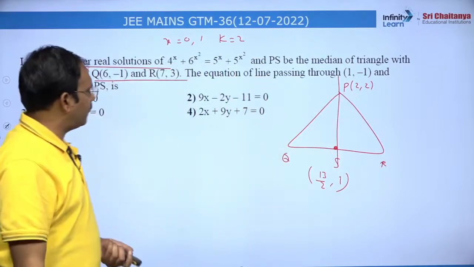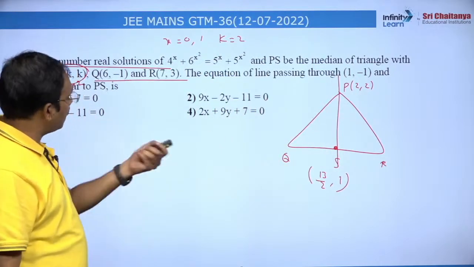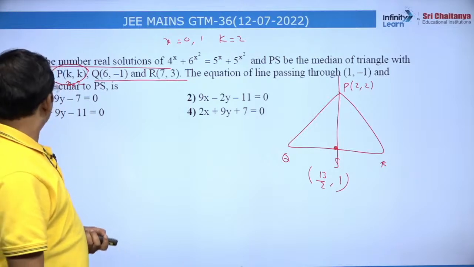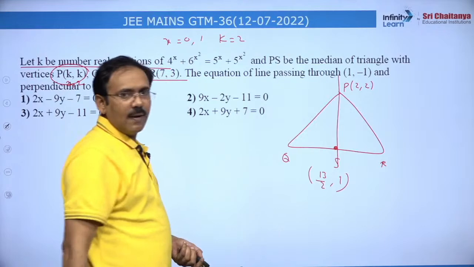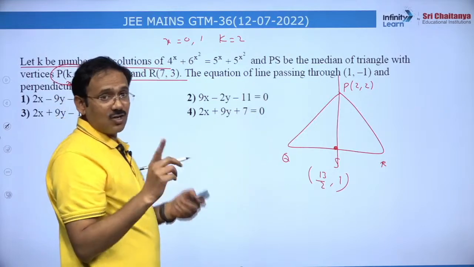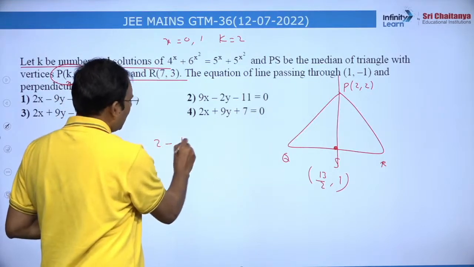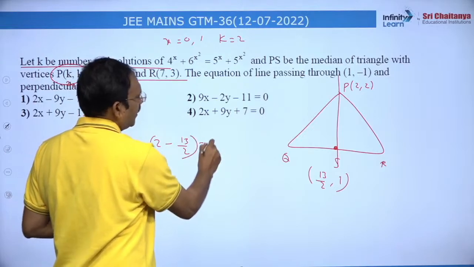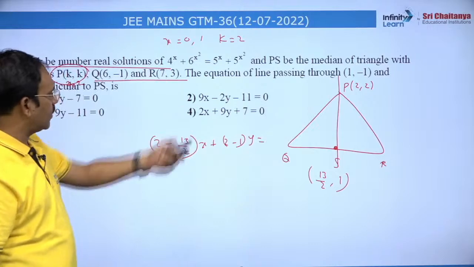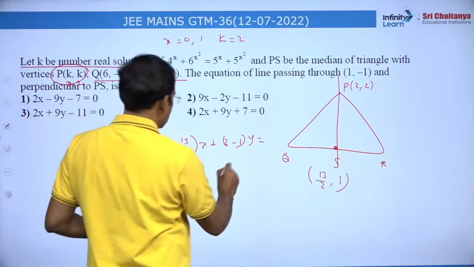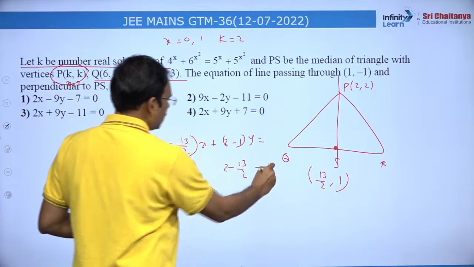You need not find it; in fact, you need to find a line perpendicular to PS and passing through 1 comma minus 1. You can just find perpendicular to this; I have given a shortcut earlier: x minus x1 into x plus y minus y1 into y is equal to substituting the point 1 comma minus 1. This is 2 minus 13 by 2 minus 1. That is all.